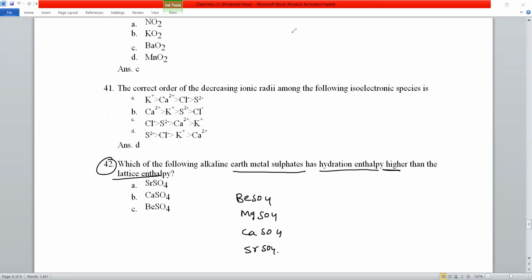Since we know very well beryllium is the least in size, Be+2 has the least size, due to that it has the highest hydration enthalpy compared to the lattice energy. Size of beryllium +2 is smaller, so hydration energy dominates when compared to the lattice energy. Option C is the correct one, students.